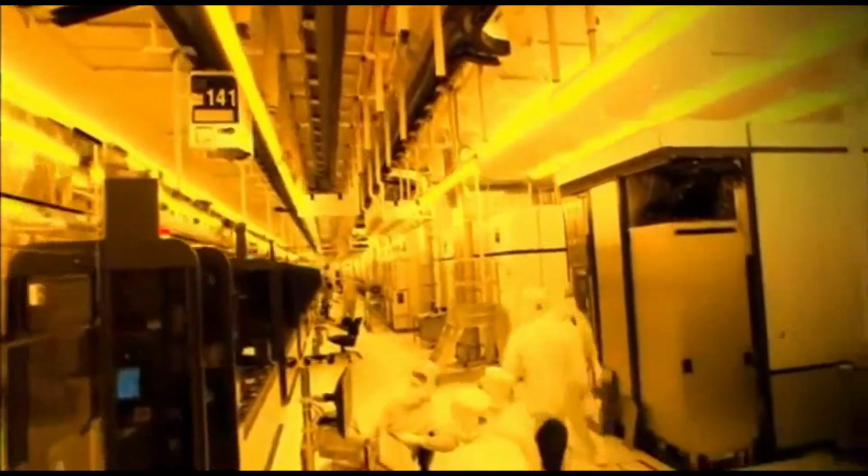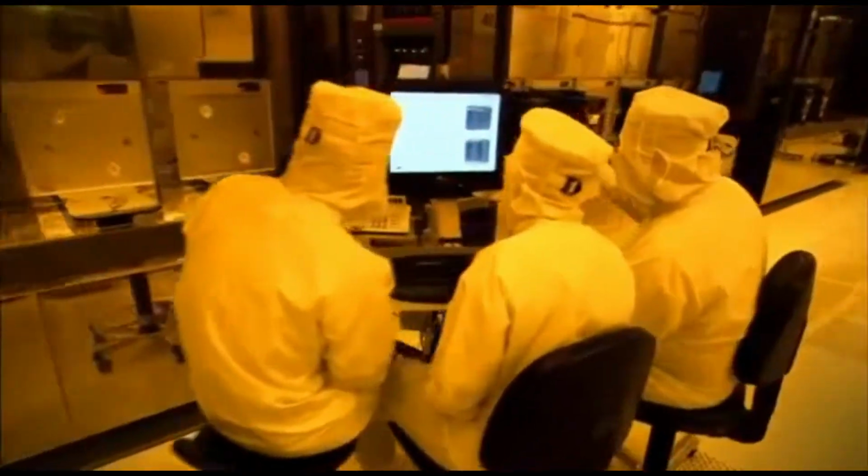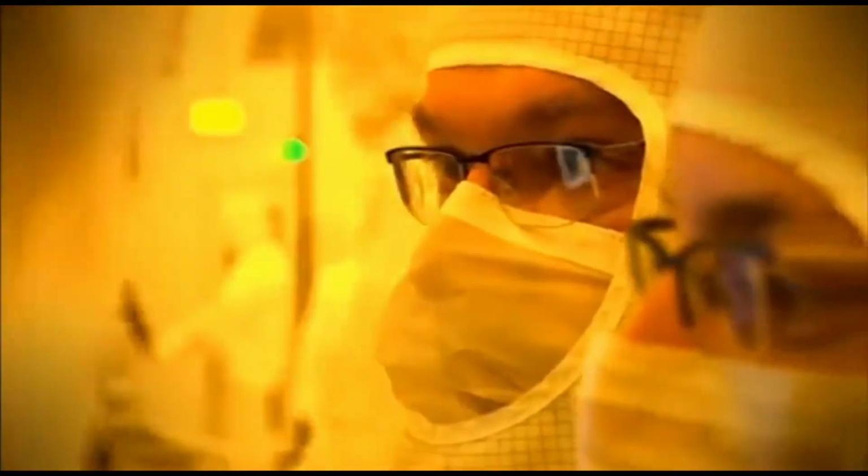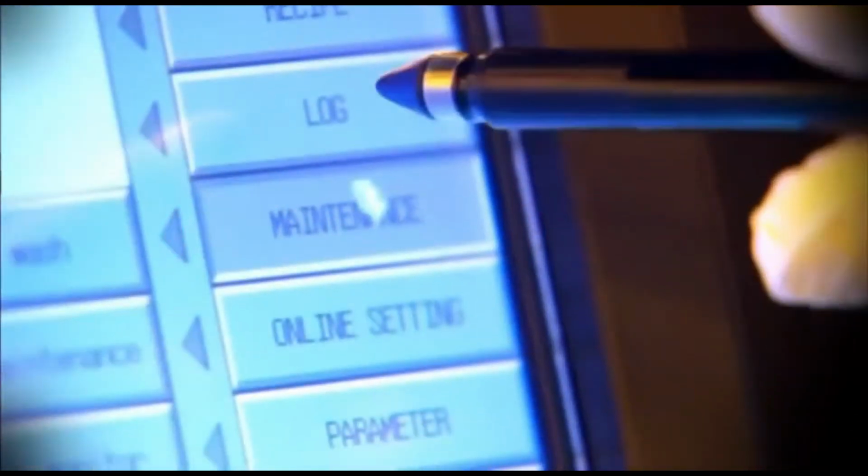Photolithographic techniques transfer the circuit structures to the wafers, rather like slide projection. The key to this whole process is a solid mastery of light.